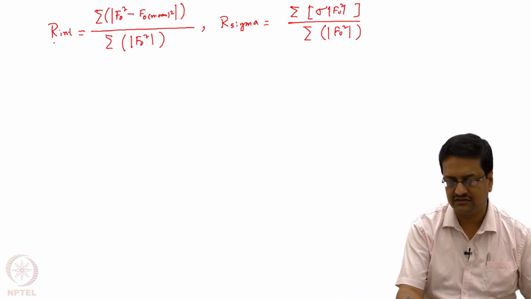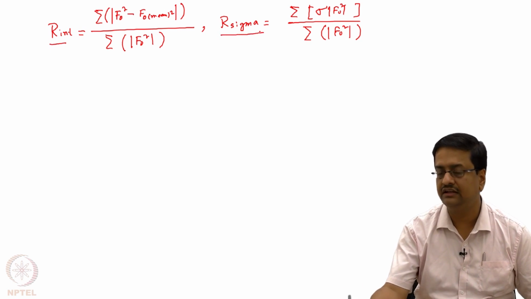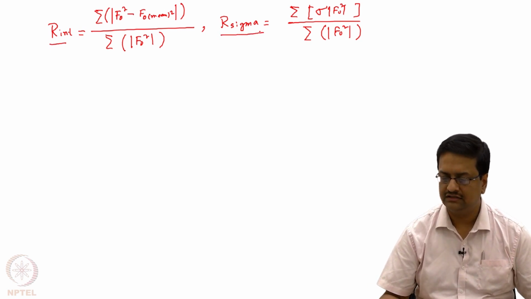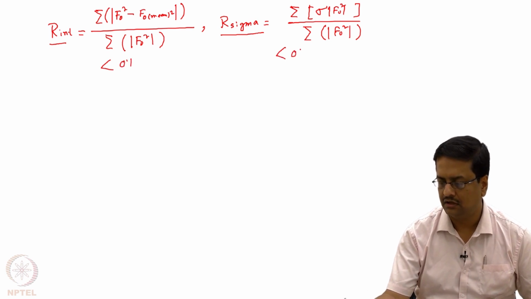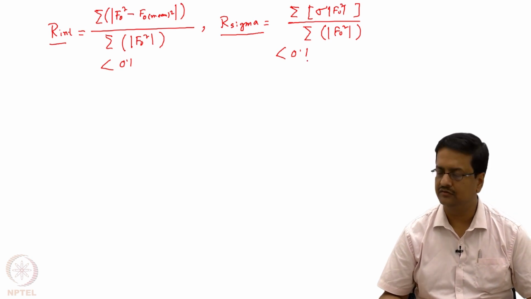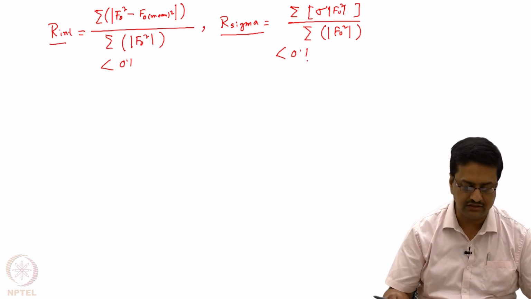These two parameters are related to the quality of data, and as I indicated, they should be less than 0.1 to be qualified as very good quality data.